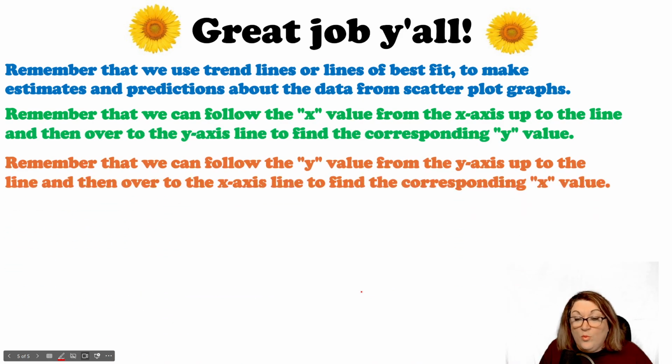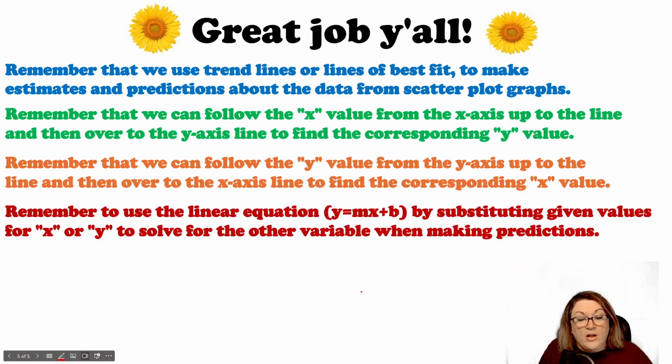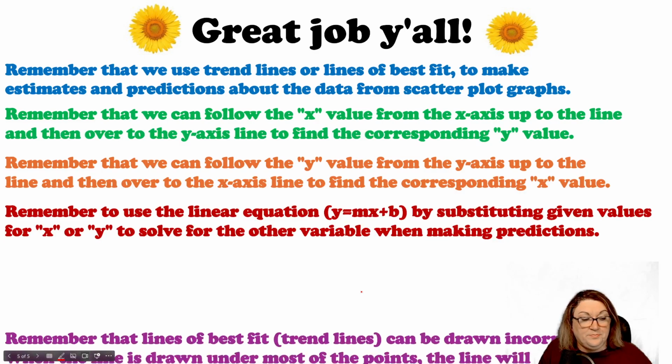Remember that we can follow the Y value from the Y-axis up to the line and then over to the X-axis to find the corresponding X value. And also remember to use the linear equation y = mx + b of your line of best fit by substituting given values for x or y to solve for the other value when making predictions. In other words, if you know the x, you can solve for y, or if you know the y, you can solve for x if you have the equation.